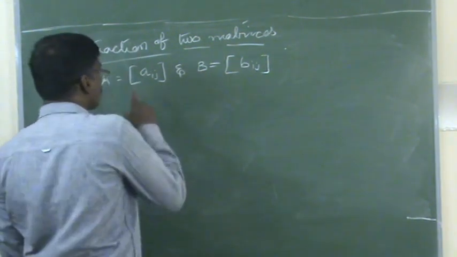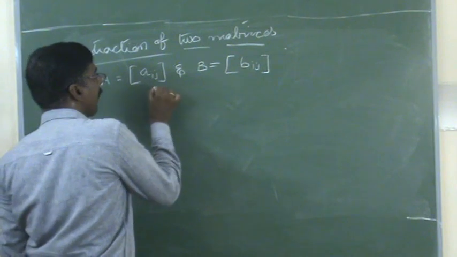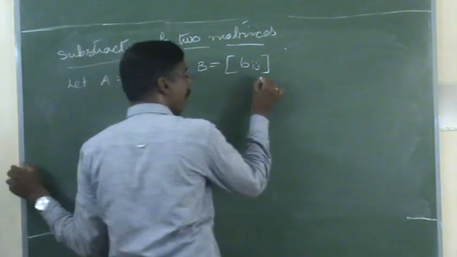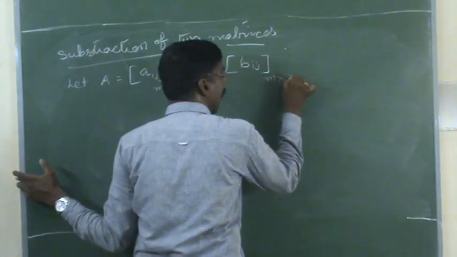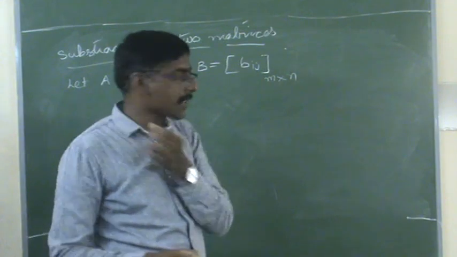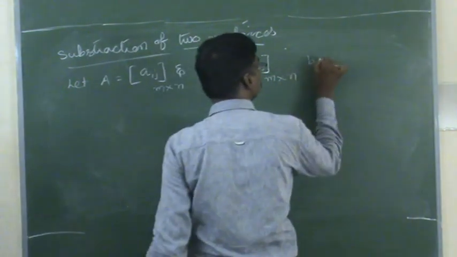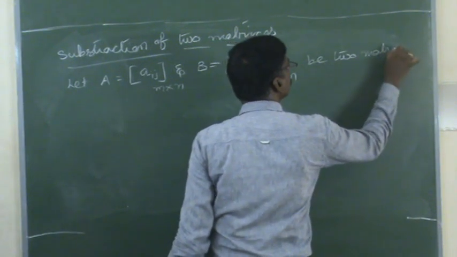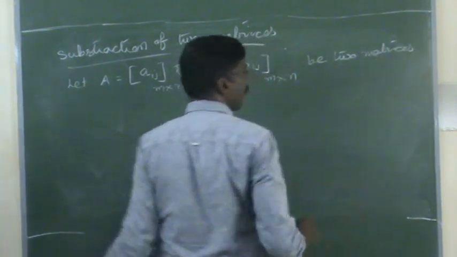So we have to take it: matrix A order is m by n, and matrix B order is also m by n. At that time only, with same orders, addition and subtraction is possible. Okay? Pick two matrices.